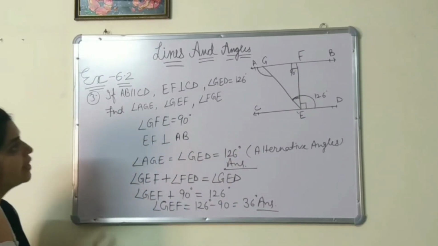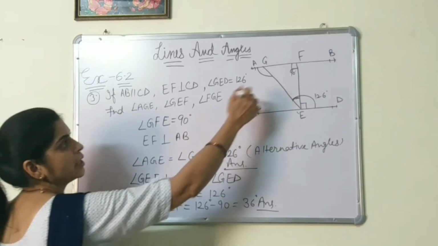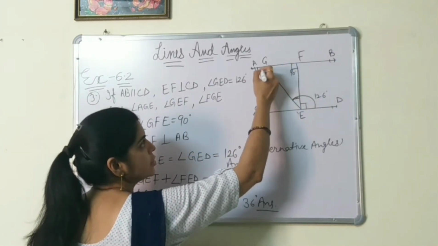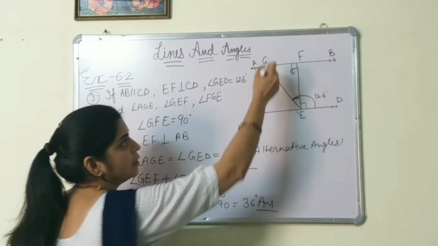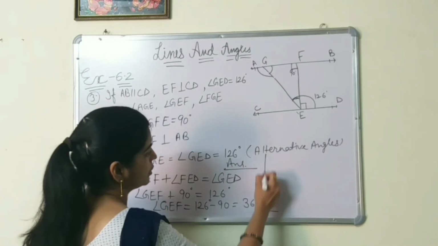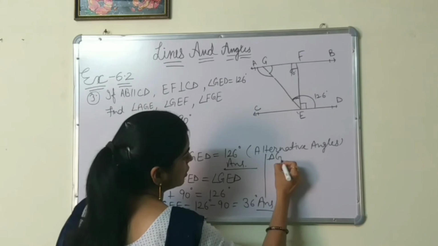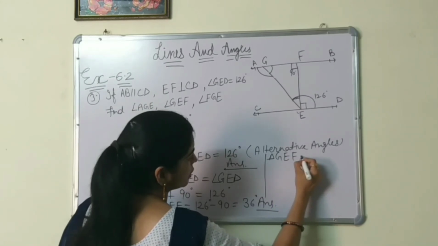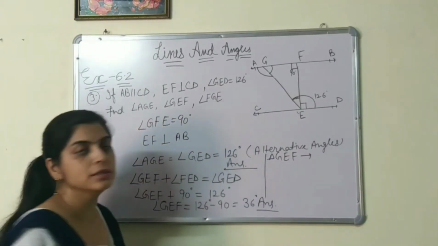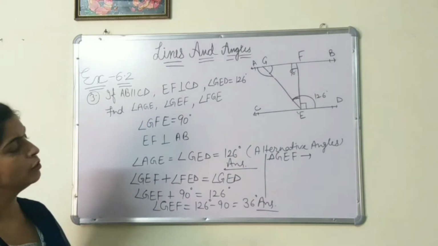Answer. And next is angle FGE. We have to find out angle FGE. We'll take the triangle GEF. Sum of all the angles will be equal to 180 degree.